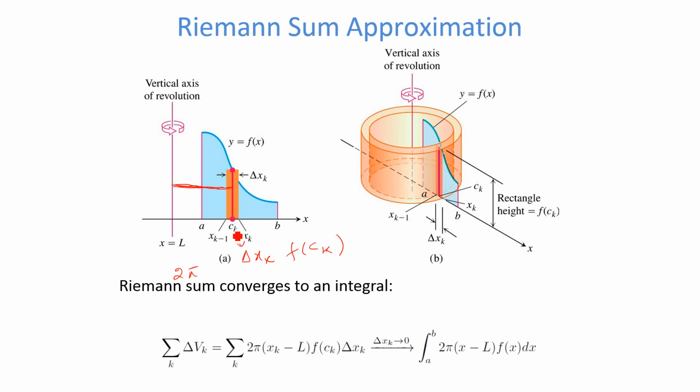This point is xk, and this is x equal to L. So what is the radius?